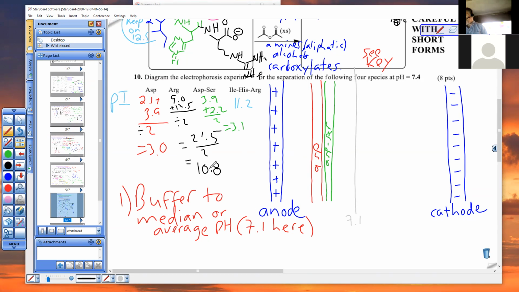Difference between 10.8 and 7.1 is 3.7. So not quite this distance on the other side will be the Arg. Not quite as far as the Asp-Ser because it's closer to 7.1. And that will be the Arg.